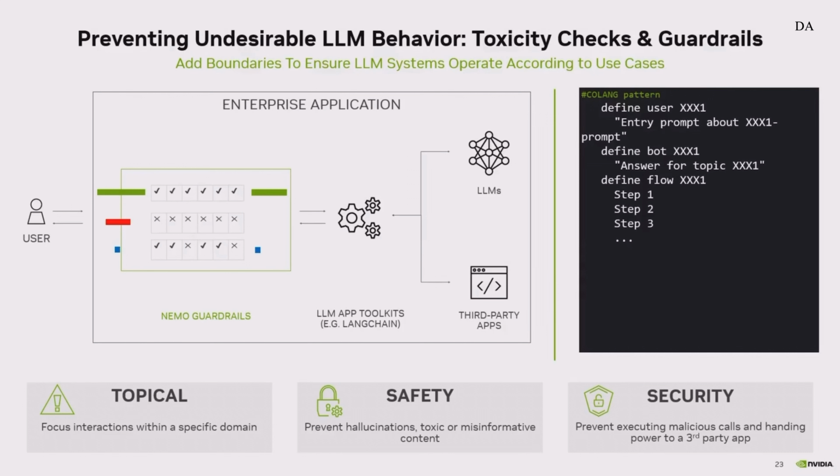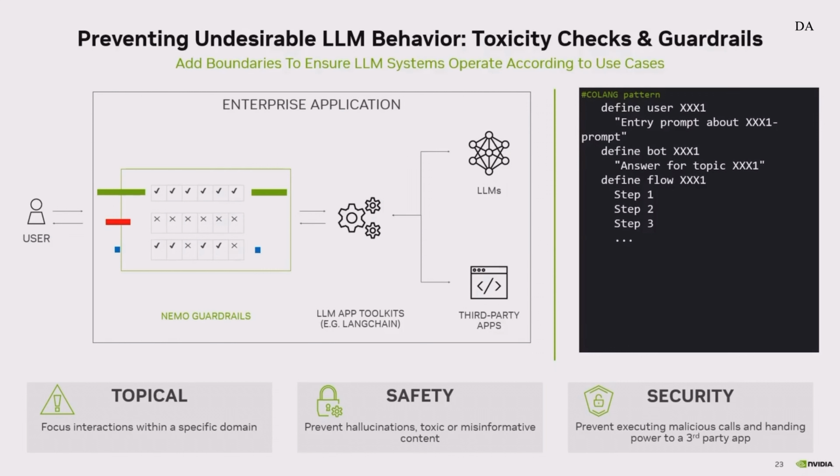store, we might have a user who asks something in an email, and if we take a look at the green path through the checkboxes in the diagram, that user's request makes it all the way through the guardrails of NeMo. This is NVIDIA's LLM guardrails toolkit. Then app toolkits like LangChain, which we used for some of the examples we're going to be showing you in a bit, we'll make the call to the LLM.